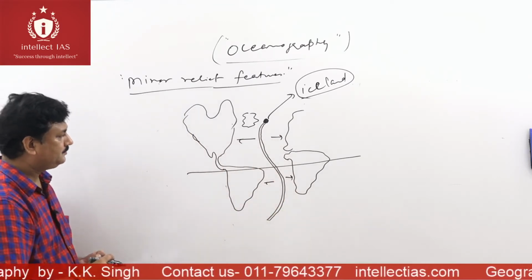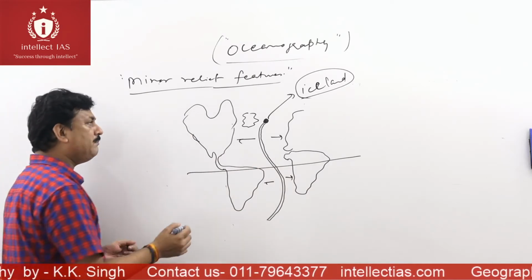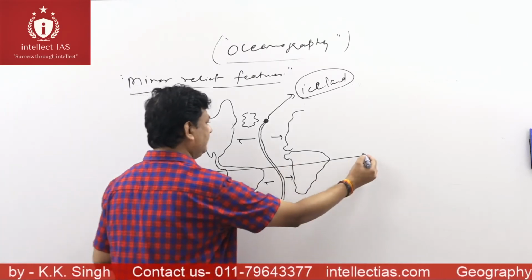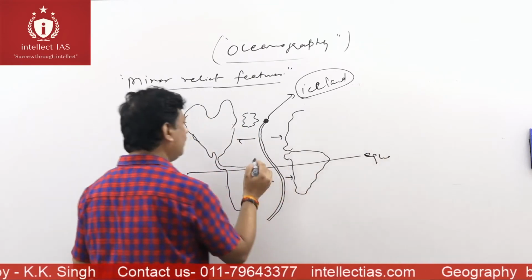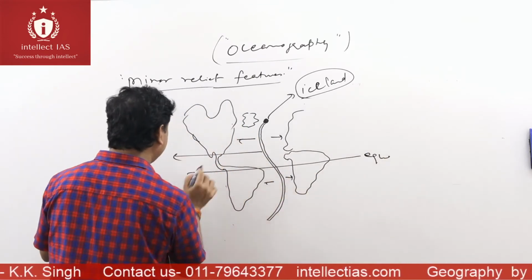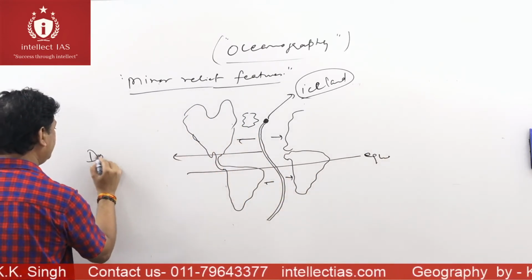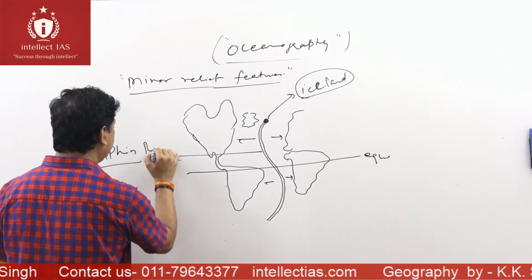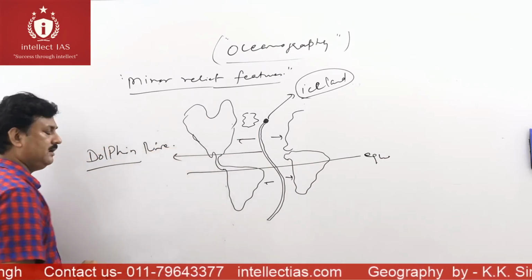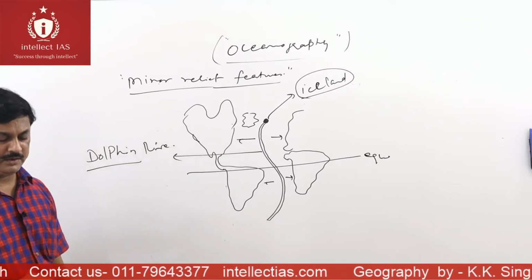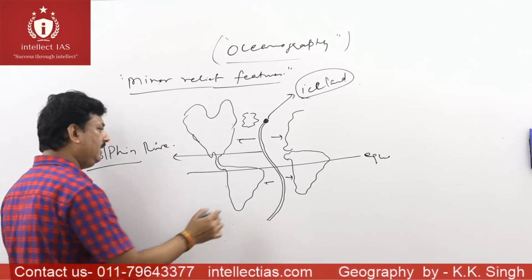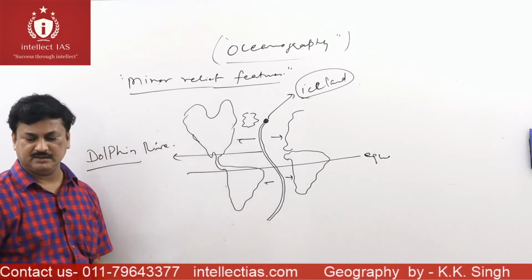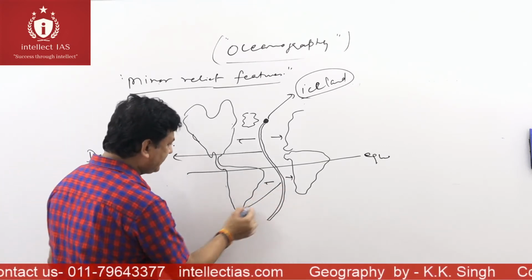Now look here. The northern part of this ridge, above the equator, is called Dolphin Rise or Dolphin Range. And the southern part is called Challenger Rise.